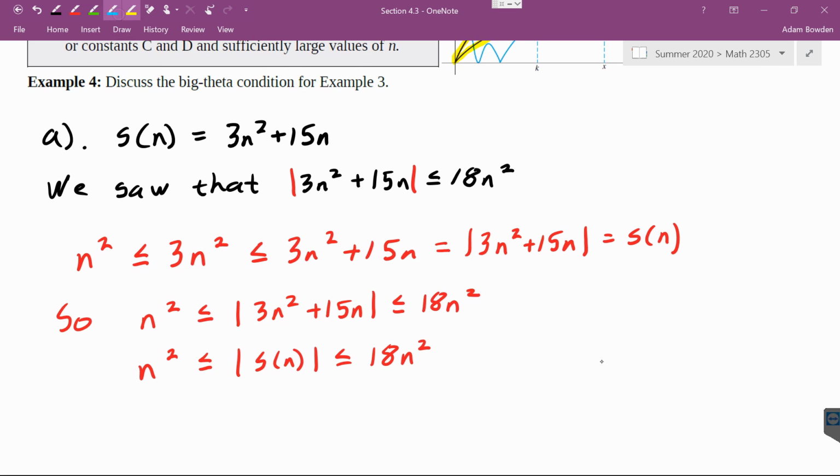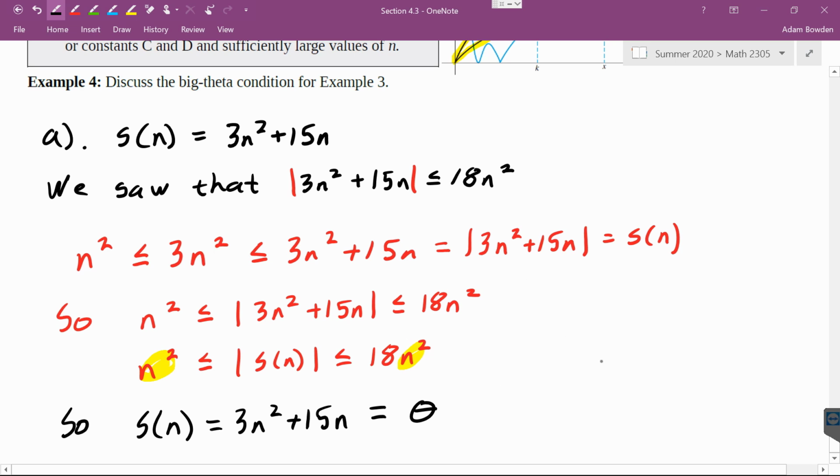And so we can figure out a way of putting n squared on the bottom side and on the larger side simply by having a constant multiplied by it. So we can say that S of n equal to 3n squared plus 15n is big theta of n squared.